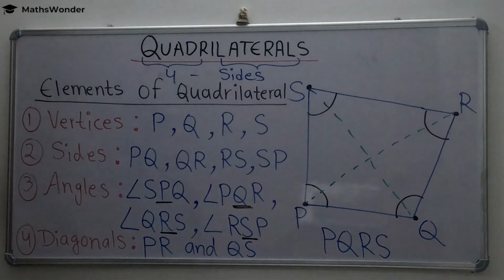These are the very basic terms of quadrilateral. Everyone must know this before moving to the types of quadrilateral, areas, perimeter, whatever you have to find. First you must know this basic, very fundamental part of the quadrilateral.